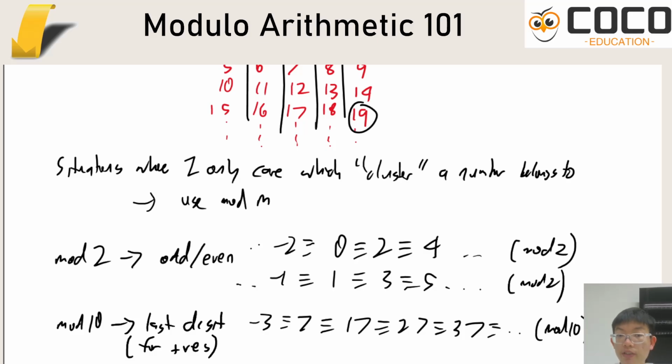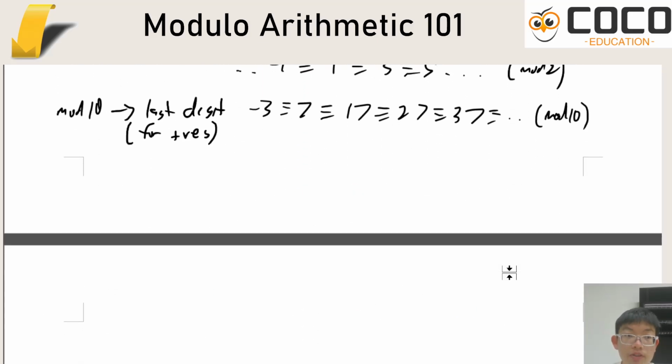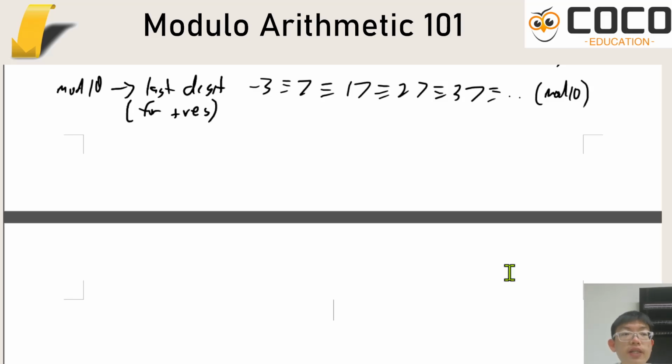Okay, so now that we have sorted out what modular arithmetic actually is, we can follow up by talking about how to use it. Many of you who have some familiarity with Olympiads, as early as primary school, have often used modulo 10, the last digit.